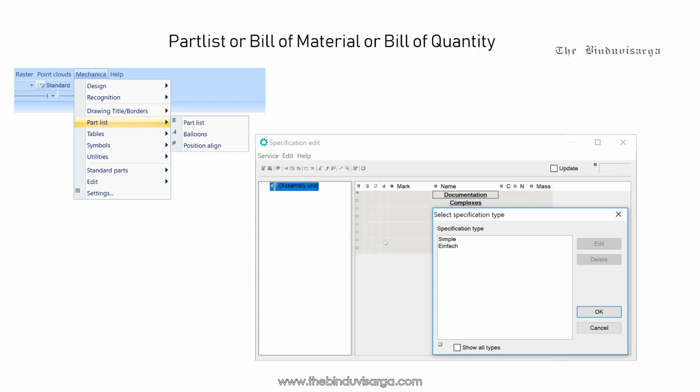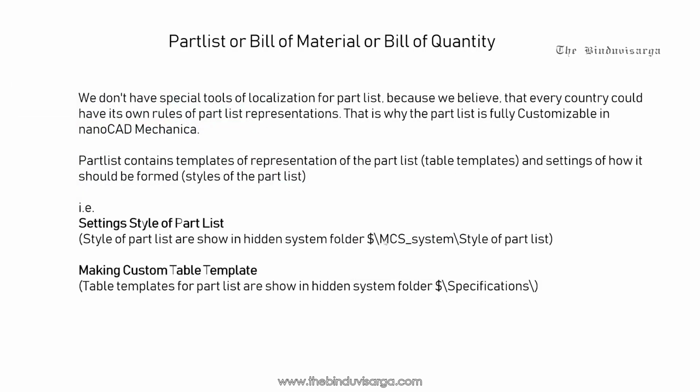There could be several ways of defining those part lists in the drawing. It could be in different places of the drawing, but the structure and the logic are similar for all the countries and all the regions in the world. So now let's talk about the part list further in this video.